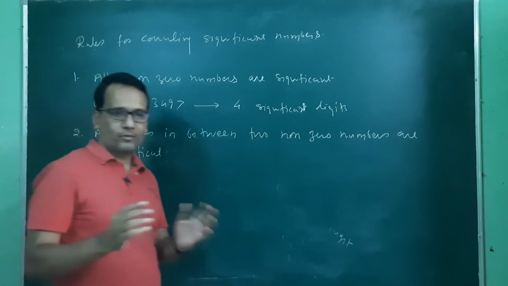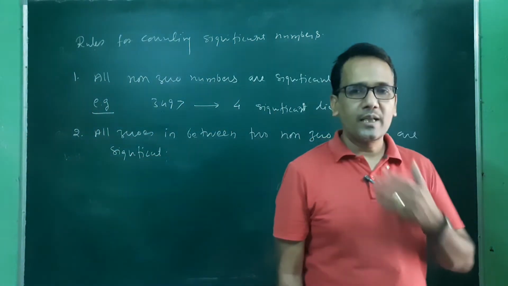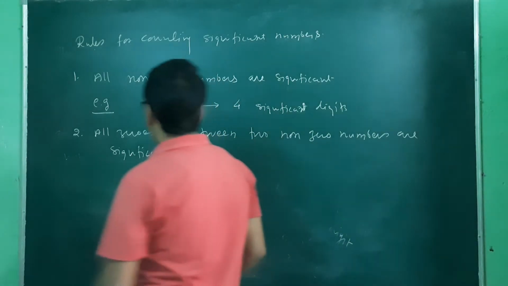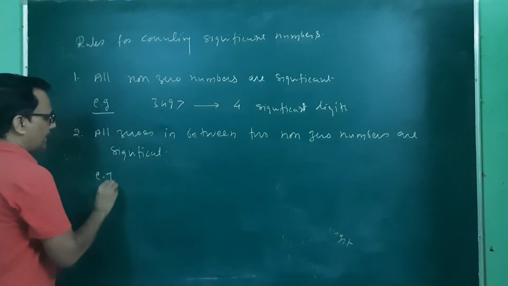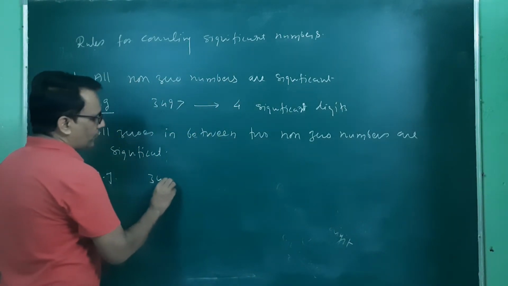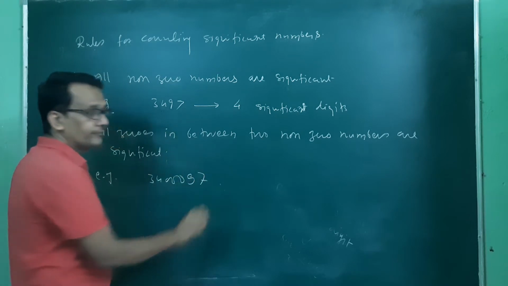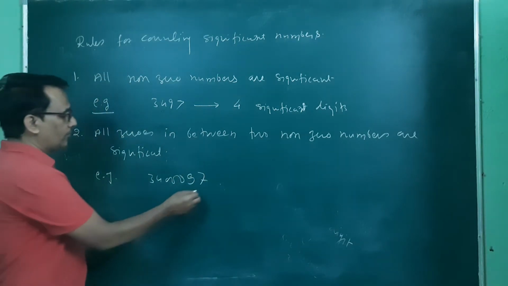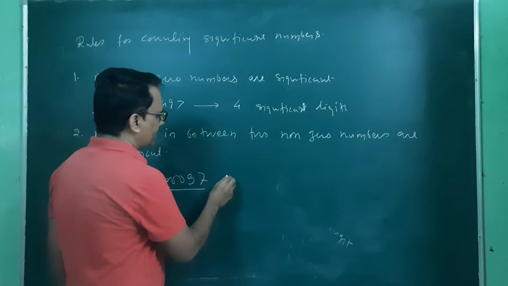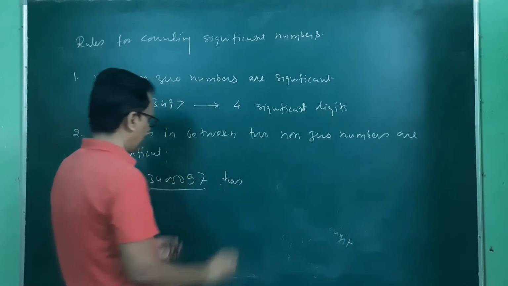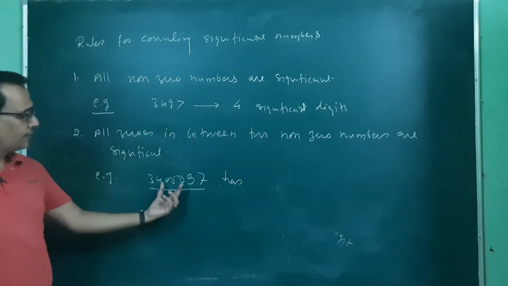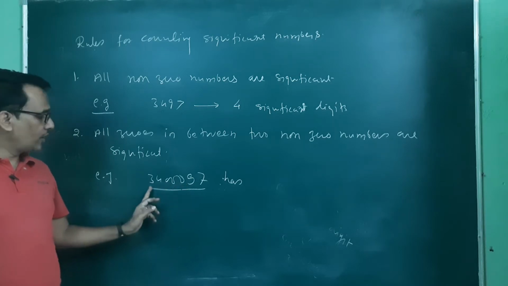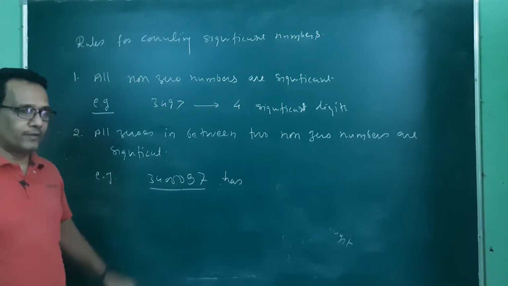For example, 3, 4, 0, 0, 0, 9, 7. How many significant digits will there be? These zeros are also significant. So 1, 2, 3, 4, 5, 6, 7 significant digits.